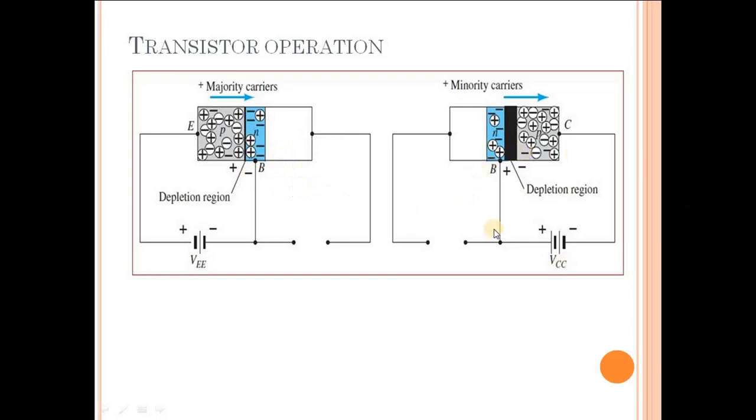Whereas in the second circuit, I have applied a DC bias across the base collector PN junction, whereas I have not applied any DC bias across the emitter base PN junction.